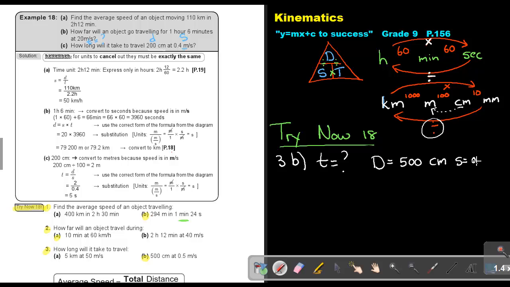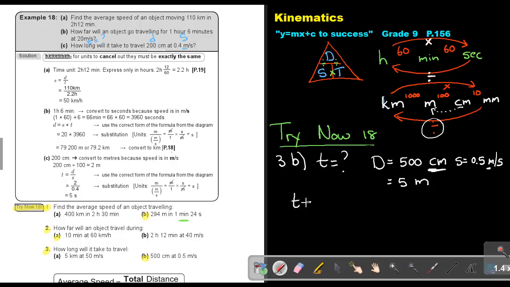It's 0.5 meters per second. Remember, time is distance divided by speed. But now, you have centimeters there and meters there. So get this also to meters. If I want to take centimeters to meters, I must divide by 100. So 500 divided by 100 will be 5 meters.